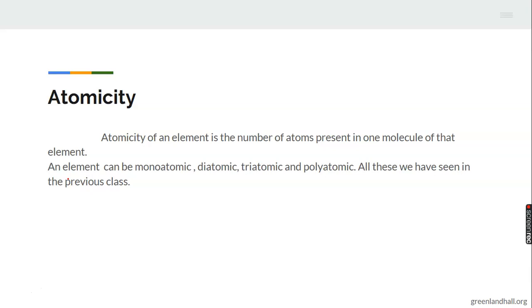We are not going into theory right now, but we want to lay our hands on some calculations about this atomicity. So an element can be monoatomic, could be diatomic, could be triatomic, could be poly, like 4, like 5, and all that. All these we've seen in the previous class.